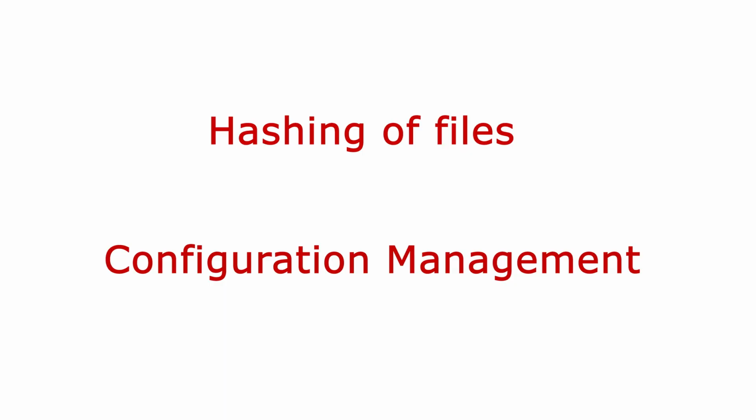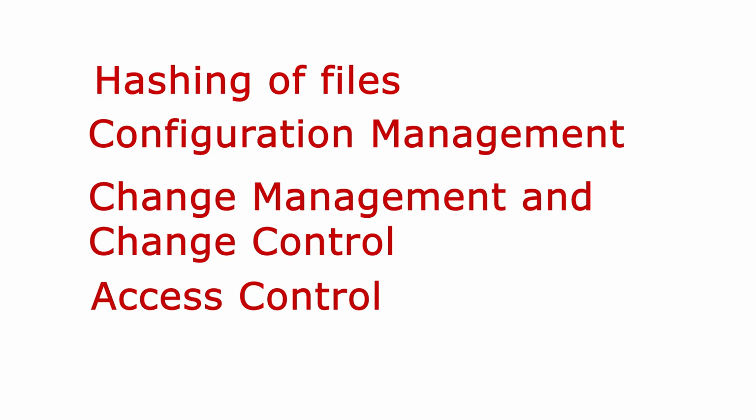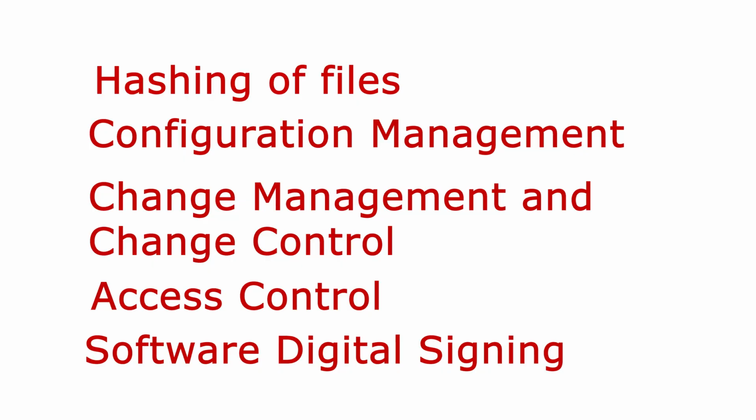The second one is implementation of configuration management. The third control is implementation of change management and change control. The fourth control is implementation of access control. And finally, the fifth control that will help you keep the integrity of your data is software digital signing.